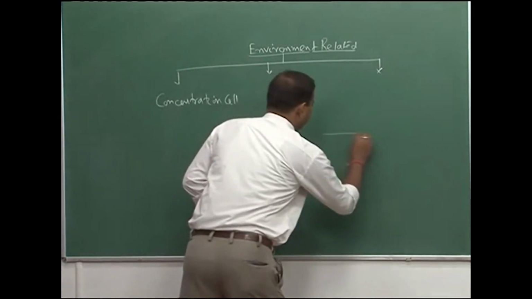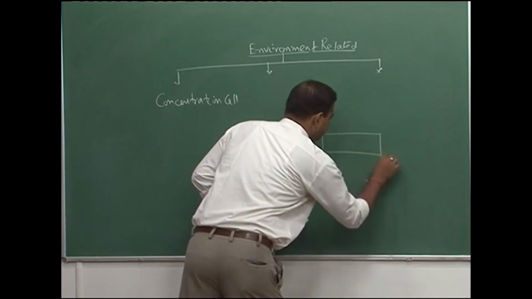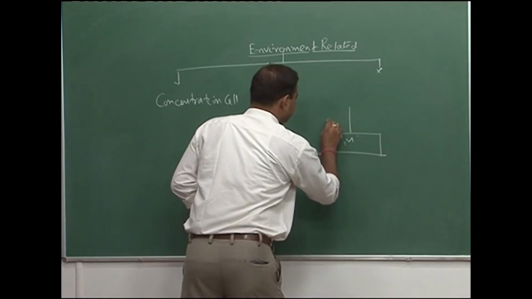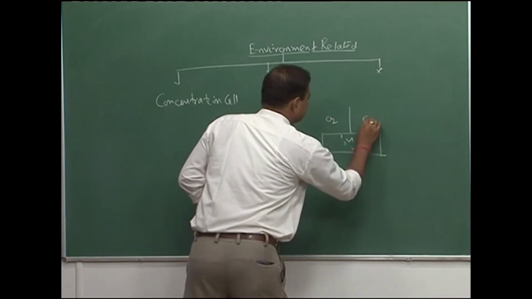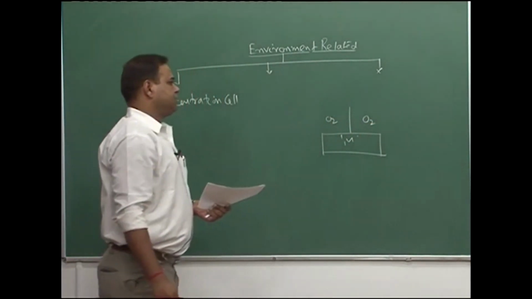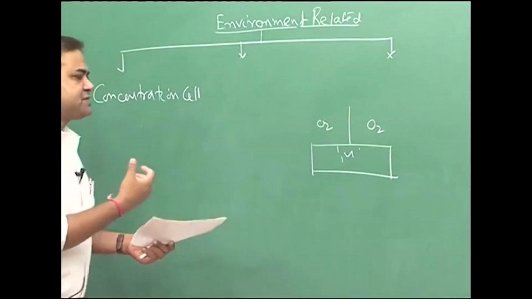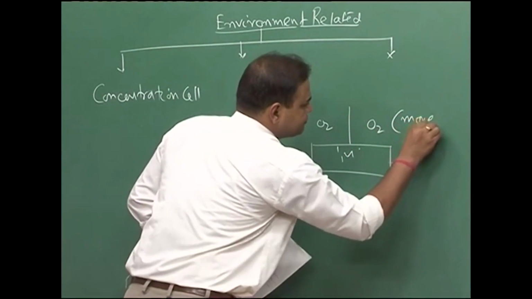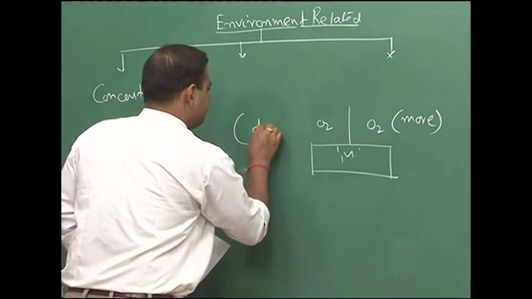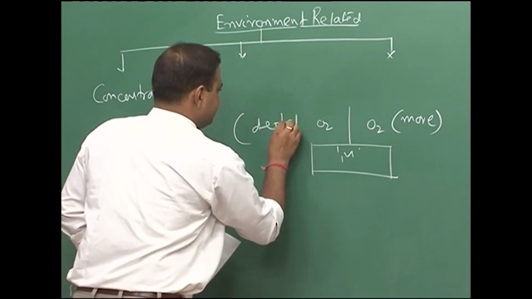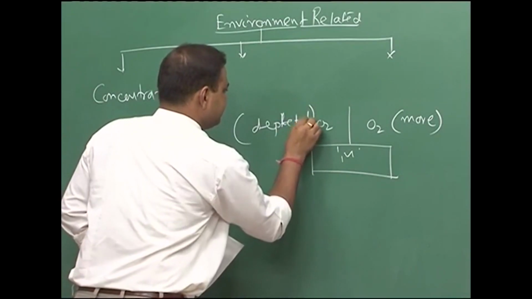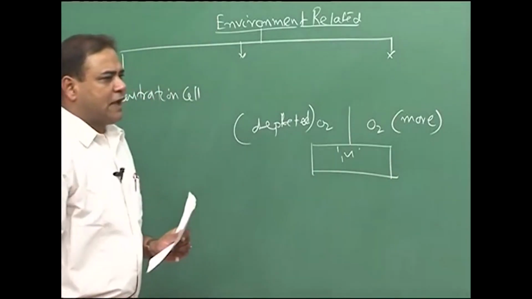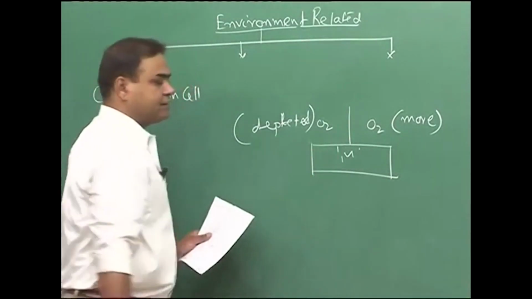For example, on a particular body, this is a metal. On that metal, if one side is depleted in oxygen and another side has excess of dissolved oxygen, so this is more dissolved oxygen and this part is depleted. In that case, this part will act as cathode and this part will act as anode.